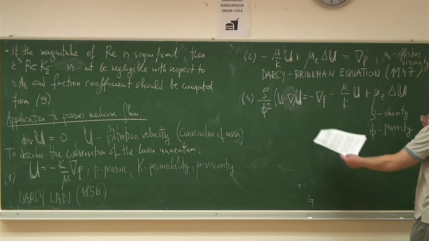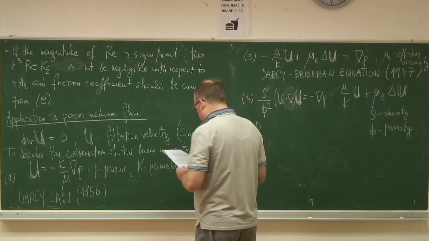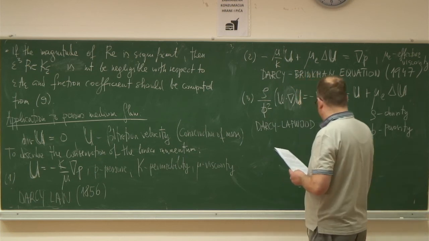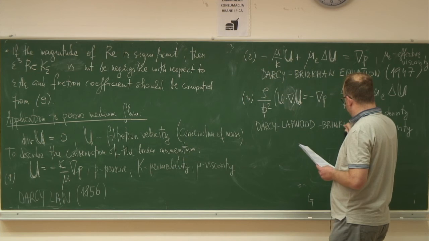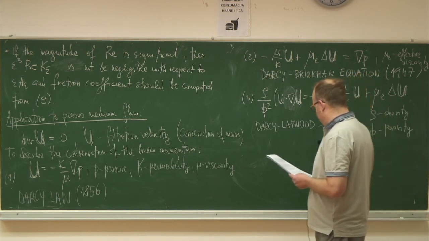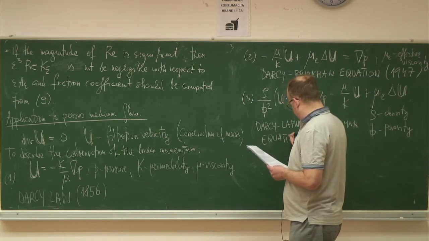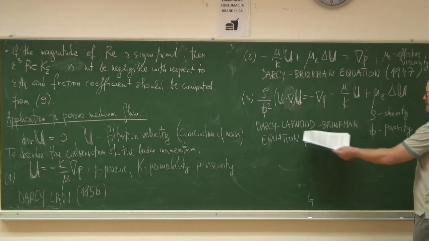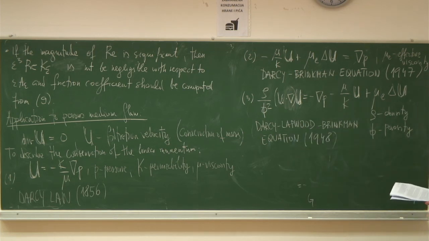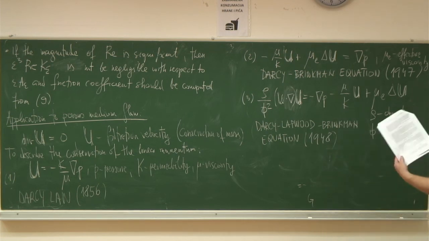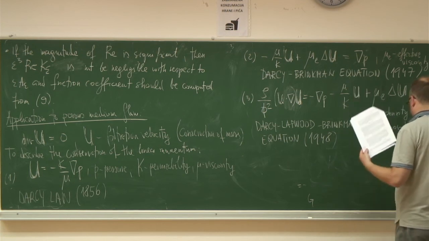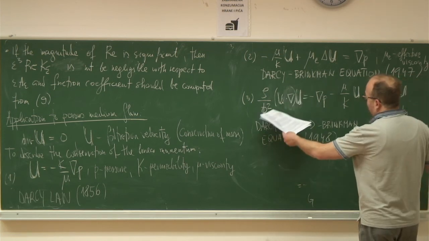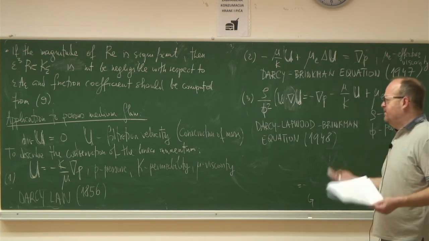But the important thing is that now this so-called Darcy-Lapwood-Brinkman equation from 1948, proposed by Lapwood, is the one to be considered if we consider flow through a fluid saturated, sparsely packed porous medium and do not want to neglect the inertia terms, so for moderate Reynolds number.